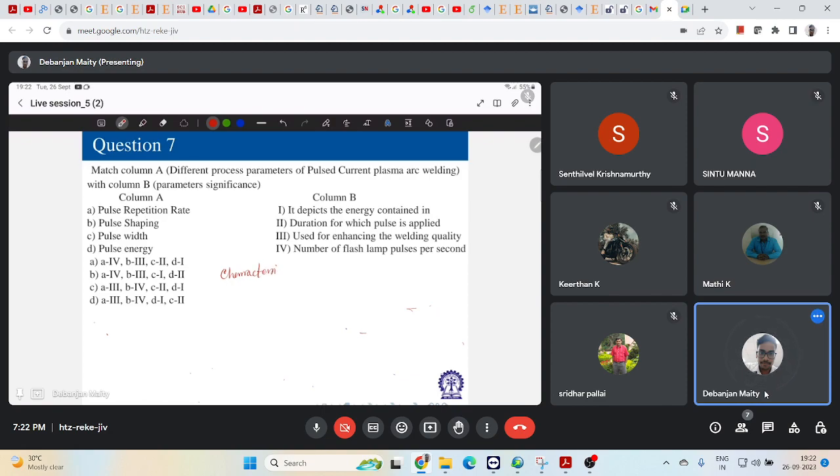Then we can come to this question: characteristic of pulsed current in plasma arc. So what are there?